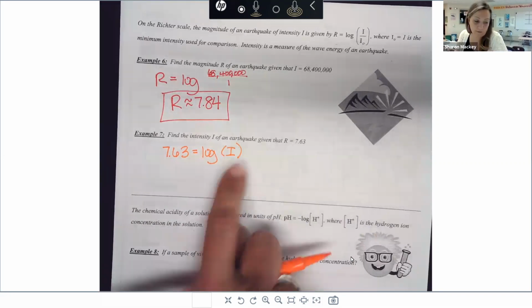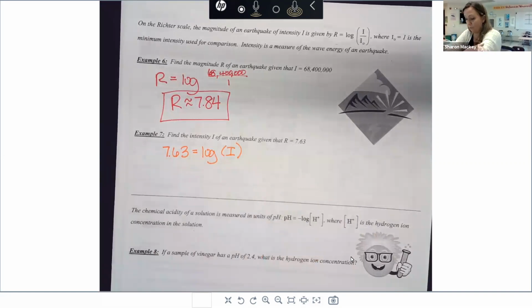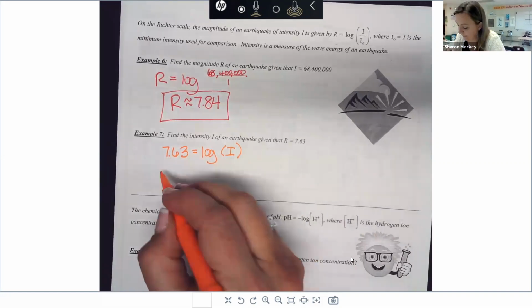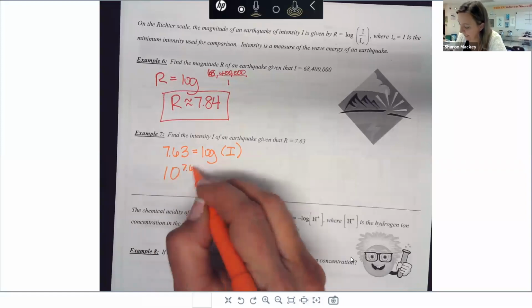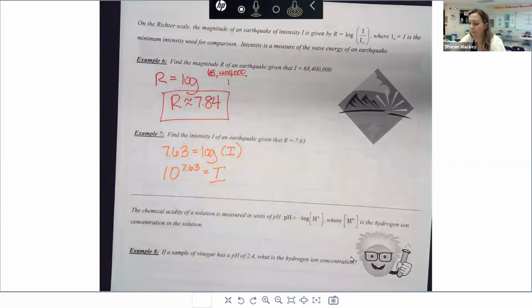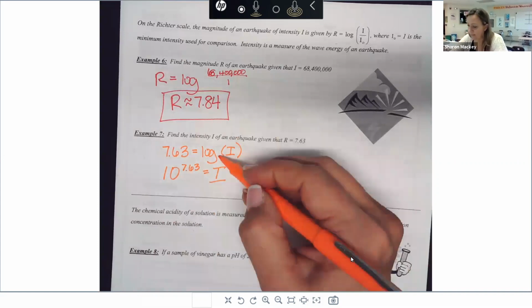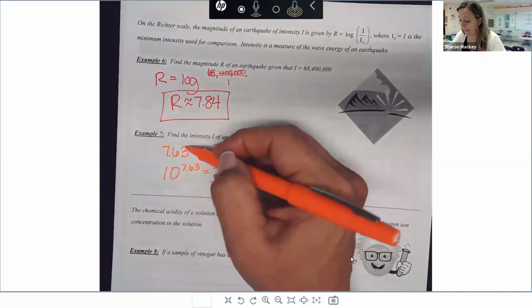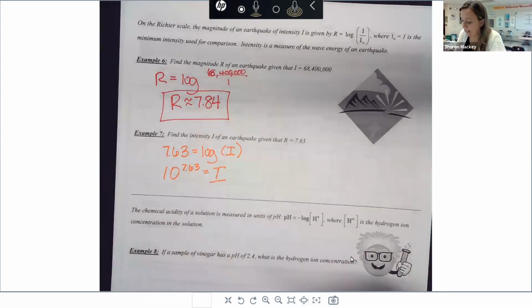So to solve this equation, we could rewrite in exponential form, or raise both sides to the 10th power, use 10 as a base, I should say. Remember that when you see this common log, that's log base 10. So the base is 10, the answer to the log is 7.63, which means that's the exponent, and the argument is the value of the power.